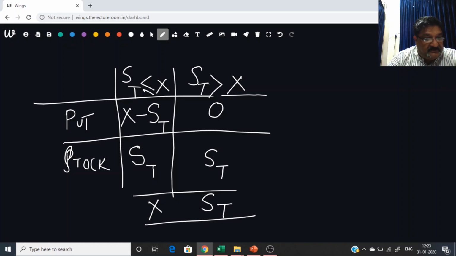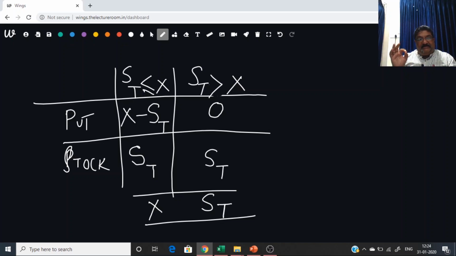Now my dear friends, if you have taken notes, you would have understood that whether you take the fiduciary call option or the protective put option, the total payoff from the portfolio remains X if the spot price is lower than the exercise price at maturity, and remains ST as long as the spot price is more than the exercise price at maturity.